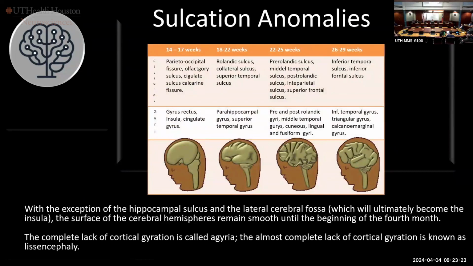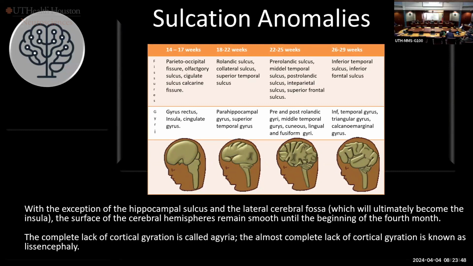I think the biggest thing, and I'm going to say it three times today, is you should not ever try to detect or say there's a sulcation anomaly if you don't have a corrected gestational age. That is the worst problem when we're evaluating sulcation. Is this underdeveloped or not? Is the sulcation right or not? You always have to check gestational age.